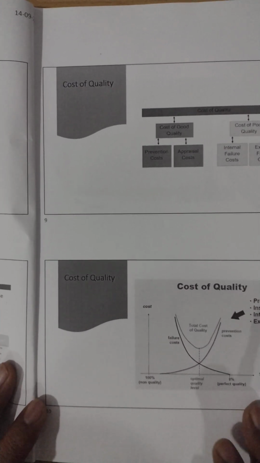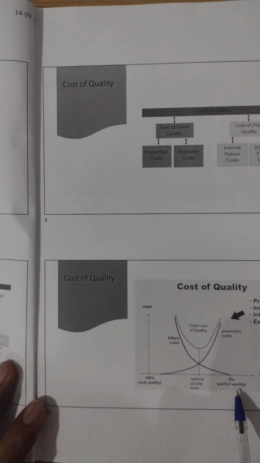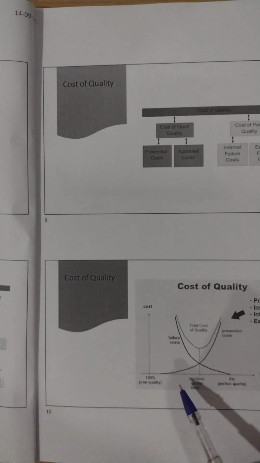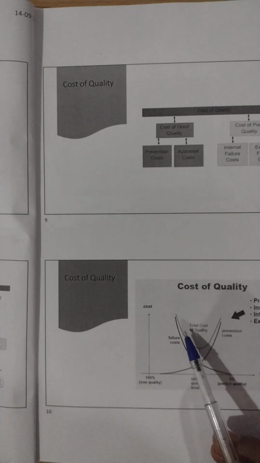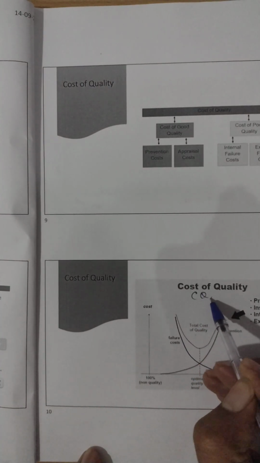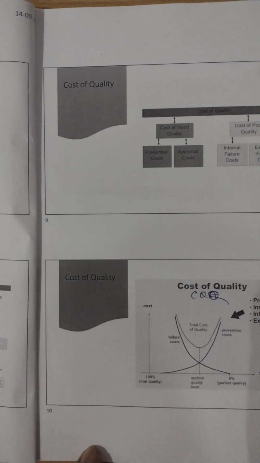Now coming to the relationship between quality and cost. As you can see, the total cost of quality, COQ. Here we have prevention, inspection, internal failure and external failure. Four types we have seen.